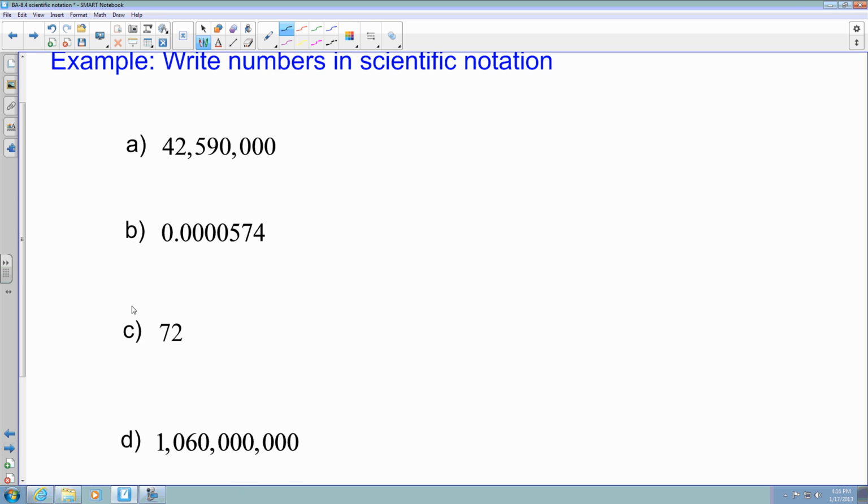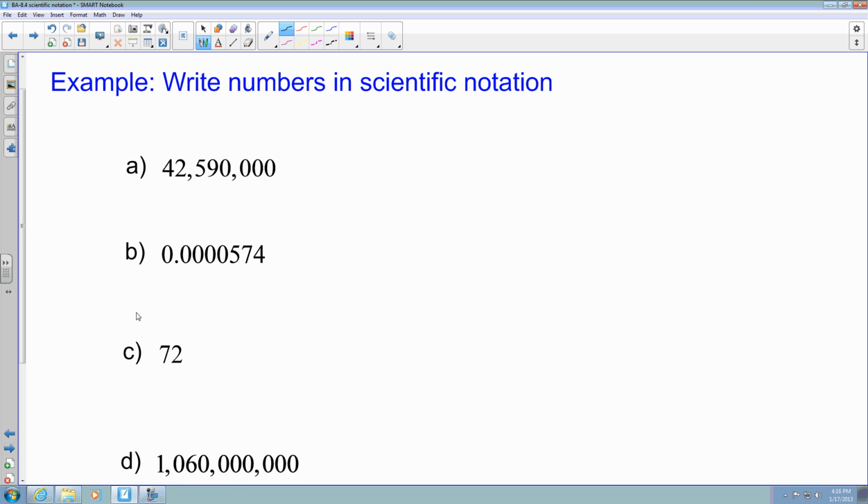So if you look at these examples here, I want to be able to write these numbers in scientific form. Okay? If I look at A, first off, I need to get it into c times 10 to the nth power. So we have to remember that c must be between 1 and 9, or 1 and 10, so it could be 9 point something. So I want to put my decimal point right between the 4 and the 2.